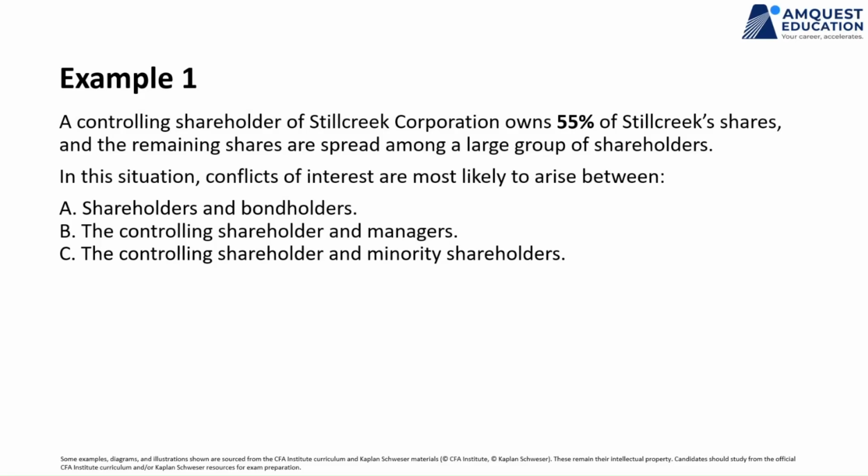Now remember, there is one controlling shareholder and the remaining 45% is spread across a very large group of shareholders, which means there is no information provided around bonds here, right? We are largely looking at only shareholders. And therefore, in this case, the conflict can only arise between controlling and minority shareholders.